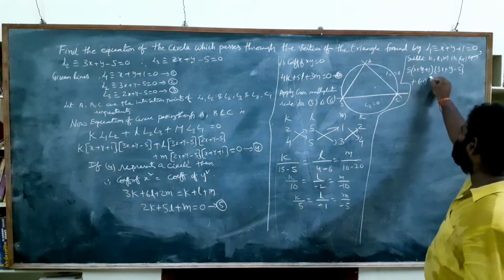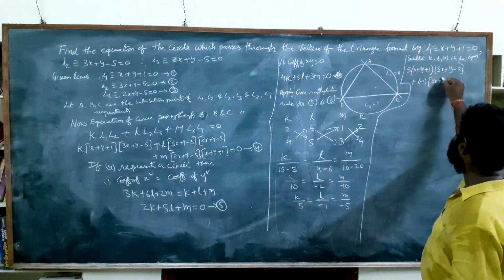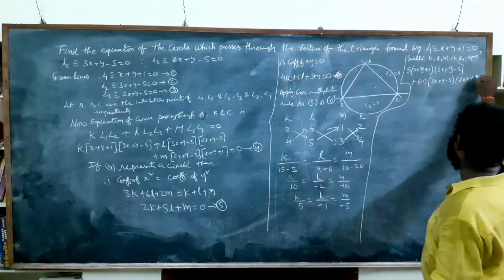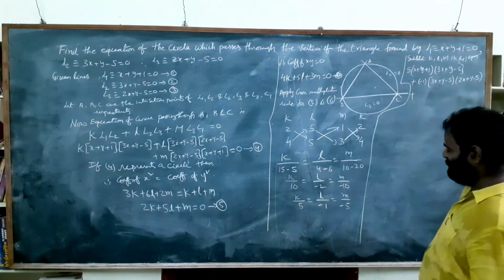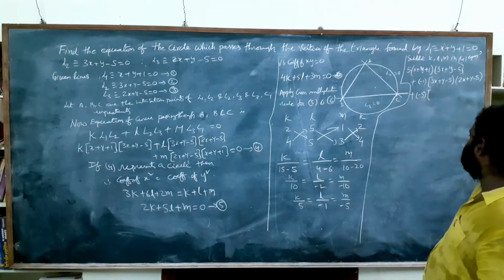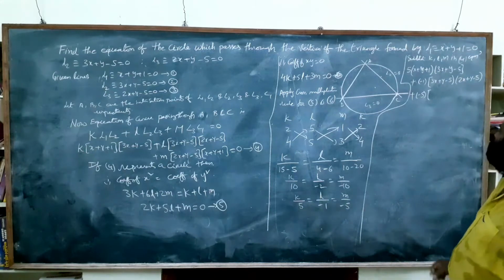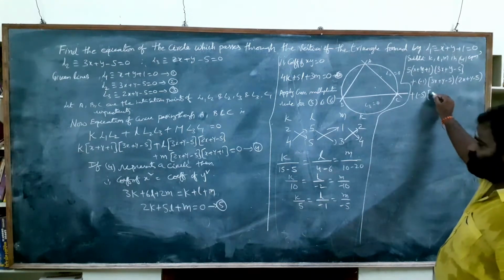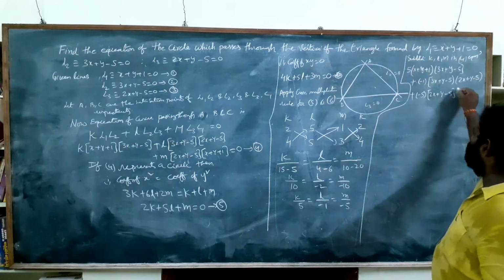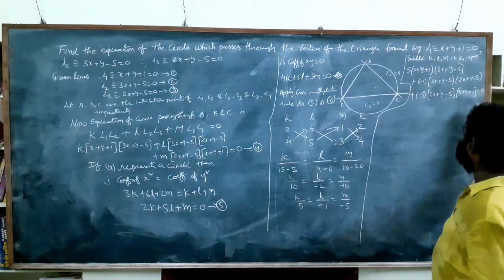So this is minus 1 into 3x plus y minus 5 into 2x plus y minus 5, plus m. What is m? Minus 5. So this is minus 5 into 2x plus y minus 5 into x plus y plus 1 equal to 0.